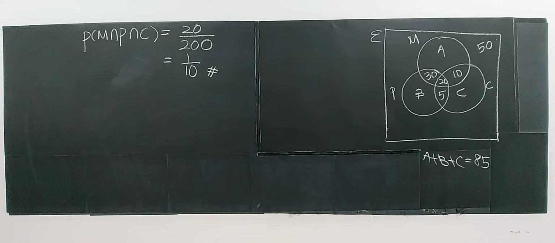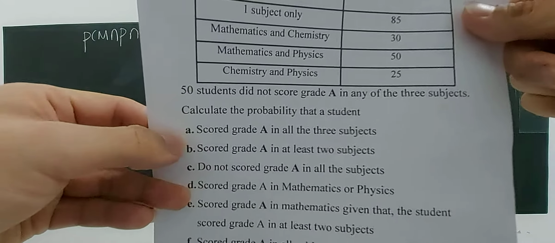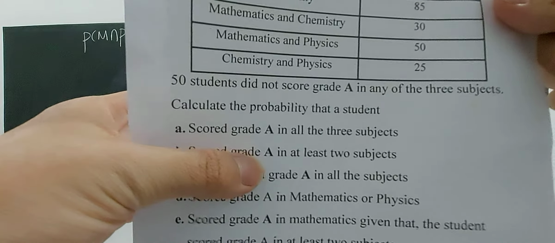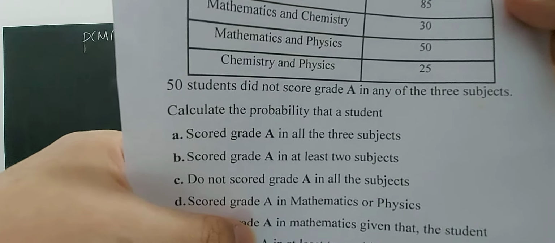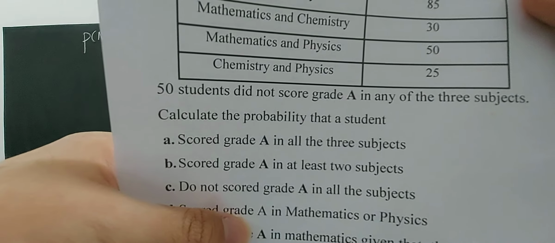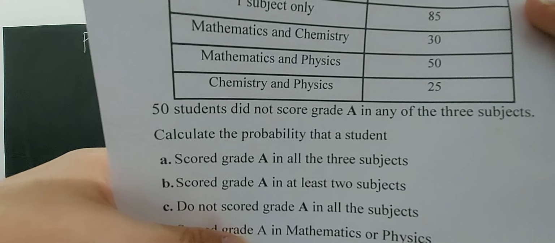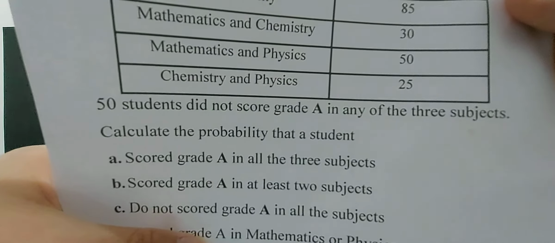Okay, let's look at the next question. Score grade A in at least 2 subjects. What is the meaning of score grade A in at least 2 subjects? Means it cannot be grade A in just 1 subject, or it cannot be not scoring in all the 3 subjects.